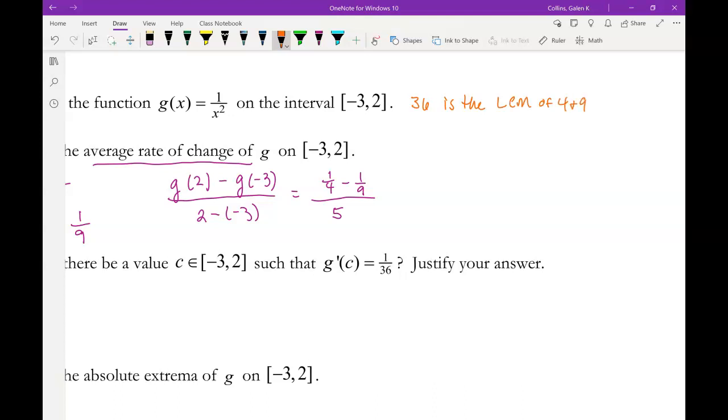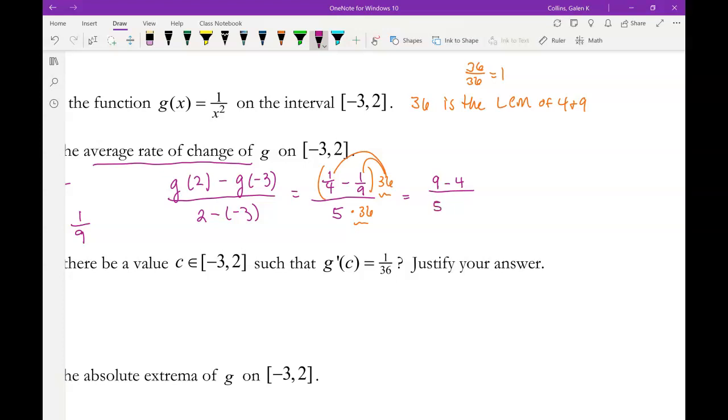If I'm using an equal sign here, I would have to show that I'm multiplying by 36 in both places, since we know 36 over 36 is 1. So I'm really just multiplying this expression by 1. When I distribute 36 to both terms, I get 1/4 of 36, or 36 divided by 4, which is 9, minus 1/9 of 36, which is 4.